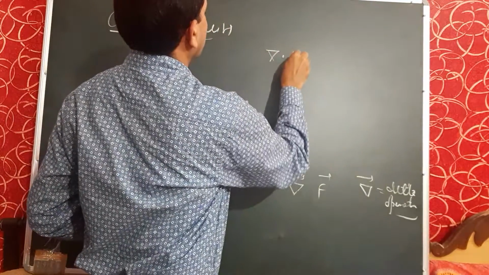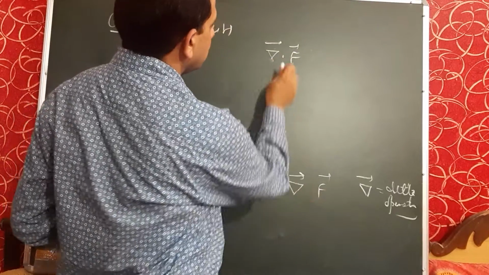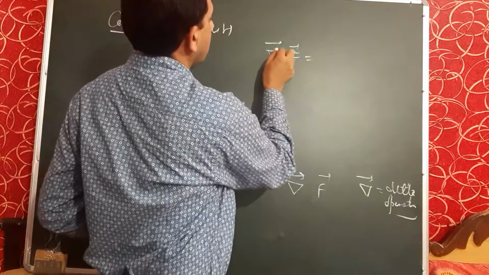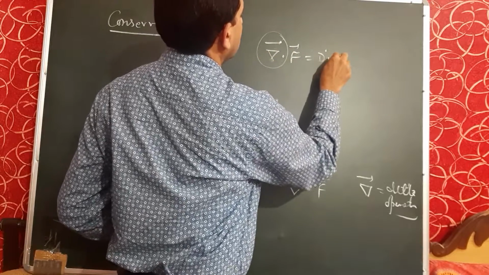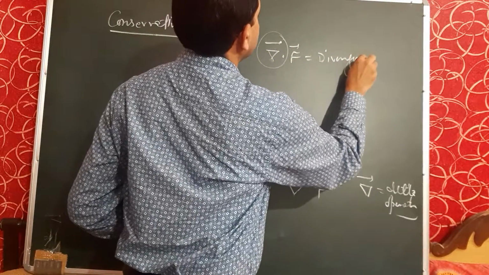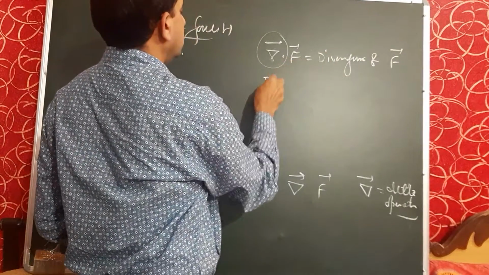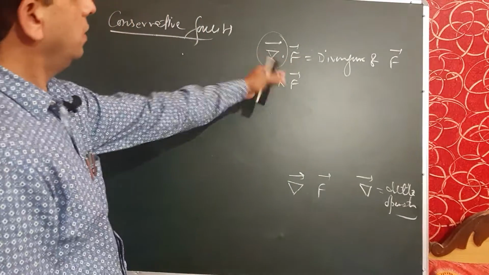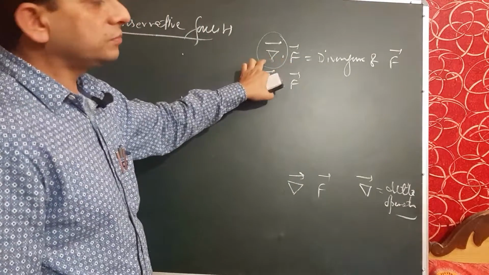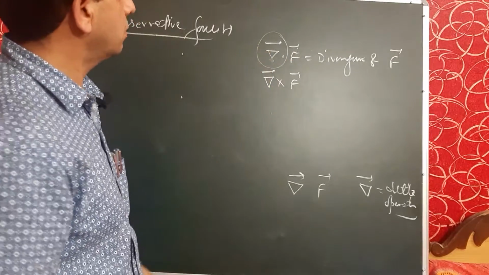So, for the multiplication we may write this derivative as del dot f, and this is called divergence. Del dot is called divergence of force. And del cross f, because both are vectors and the product of two vectors is either dot product or cross product, it is of two types in case of vectors.